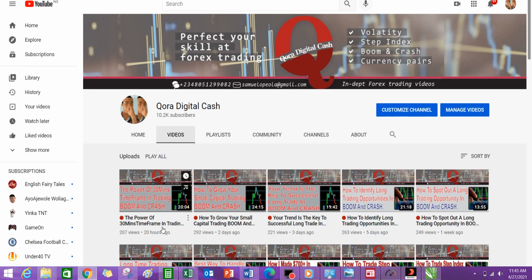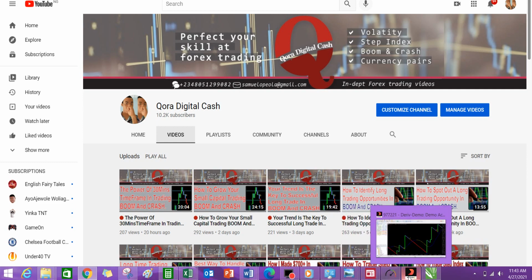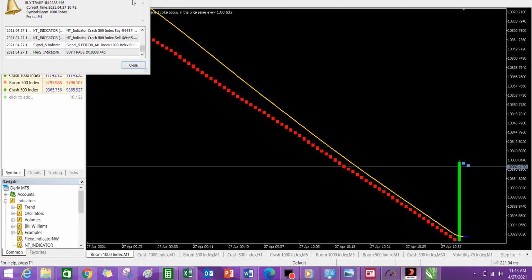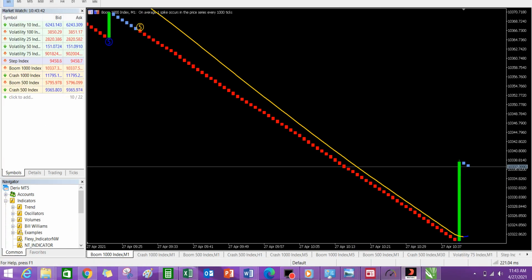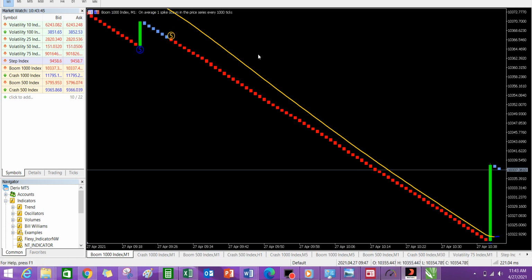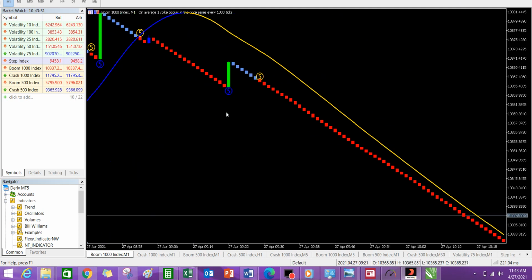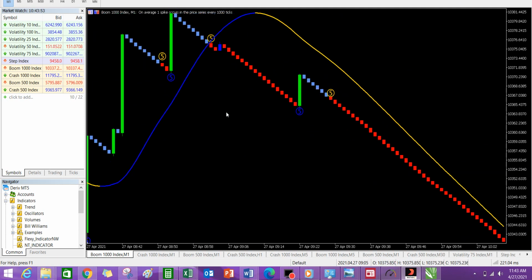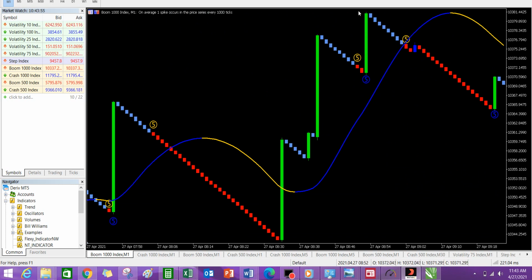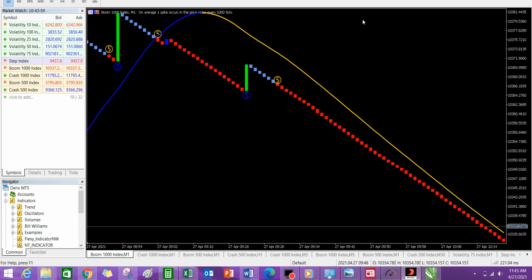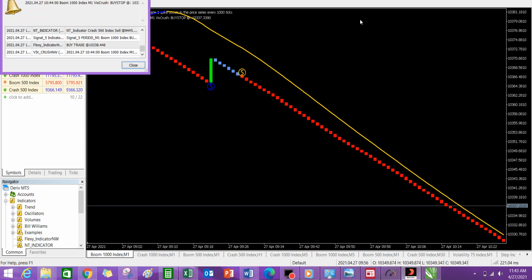Quickly, let's go straight into what the market is presenting to us today. I'm starting with boom 1000, and I'm using the signal indicator with boom 1000. As you can see, it's been on a very long downtrend, but it started the downtrend after approaching this resistance level, and it started going down from there till this level.